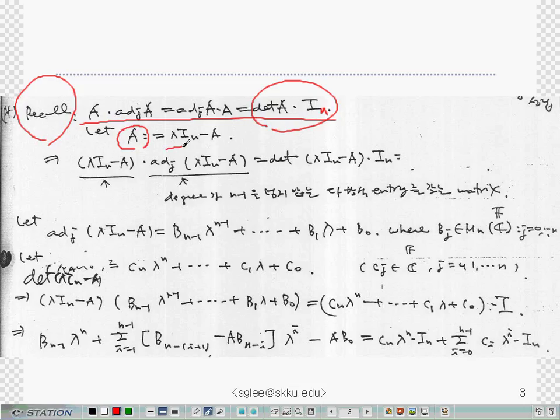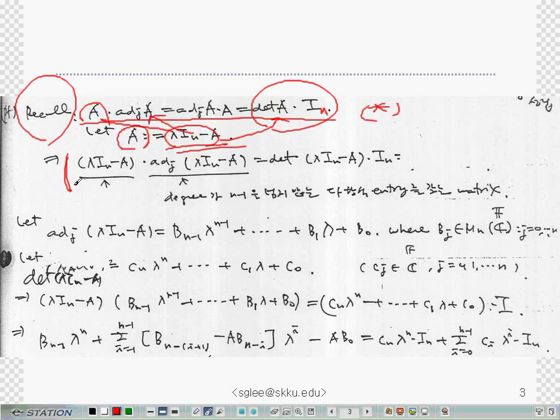Replace A by lambda I minus A. So we substitute this into the above equation, then we have this.